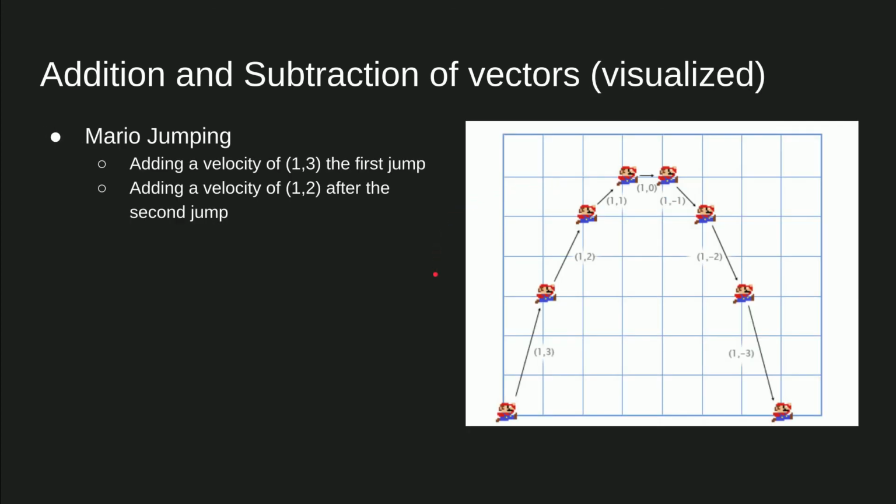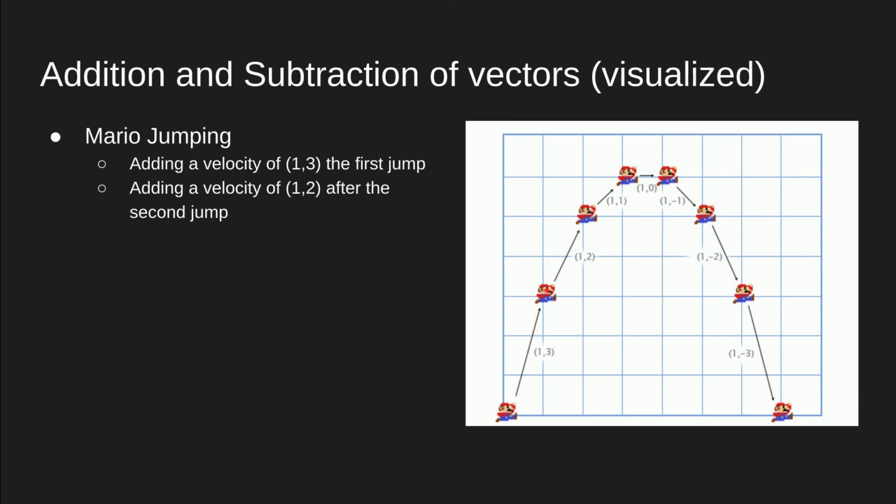So again, where would you want to use this? For example, Mario jumping. Whenever you jumped in Super Mario, on the first jump, you would take Mario's x and y position and then add a velocity of 1, 3. So whatever direction Mario is running, plus 3 up on the y-axis.